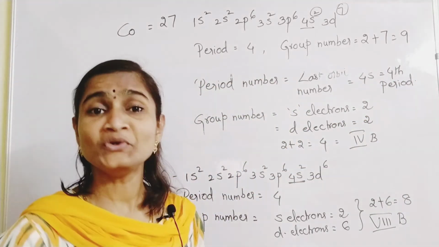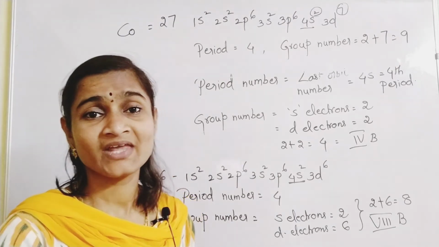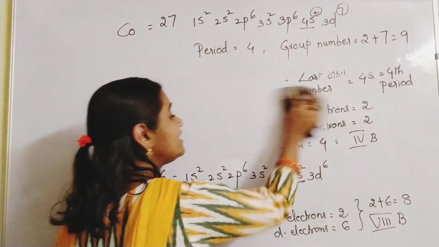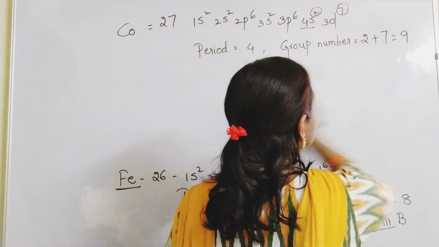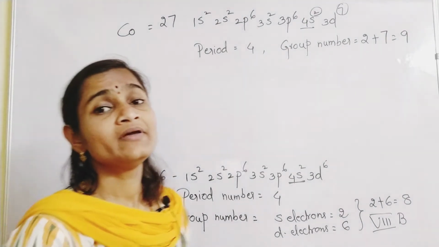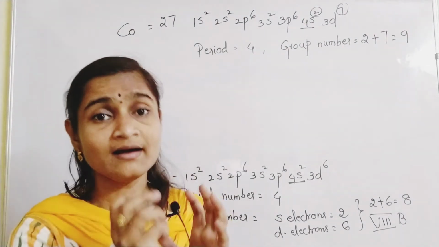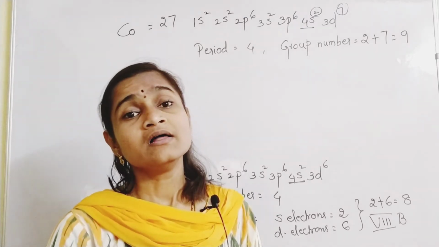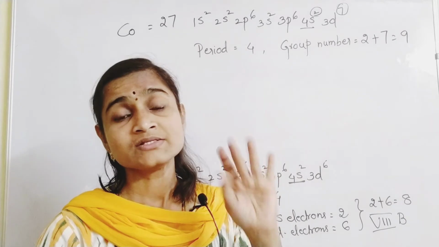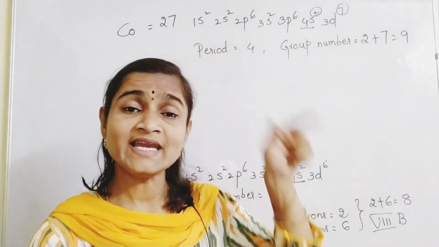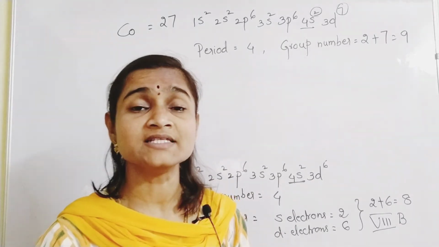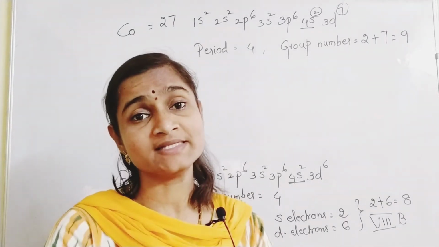But you don't have 9th B group in our periodic table. So you will write that cobalt belongs to 8th B group only. That's what we were specifying. There are 3 columns, iron, cobalt, nickel, totally 9 elements, which are considered 8th B group elements in the periodic table.